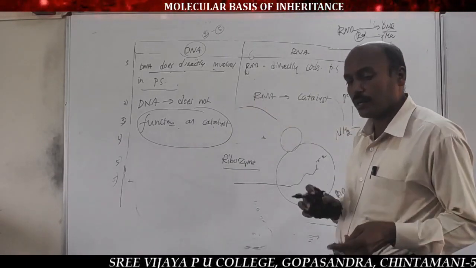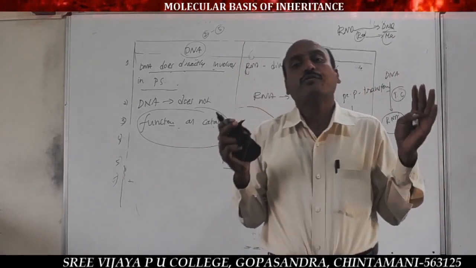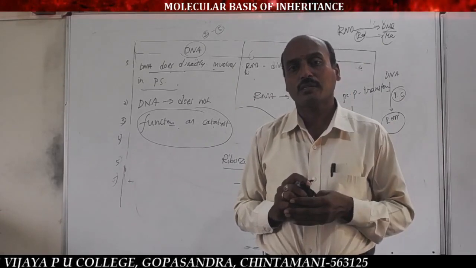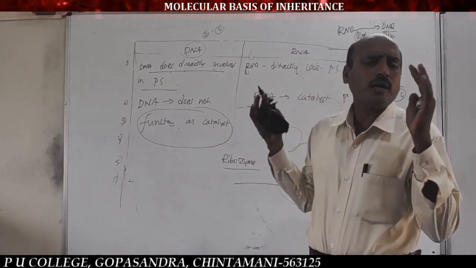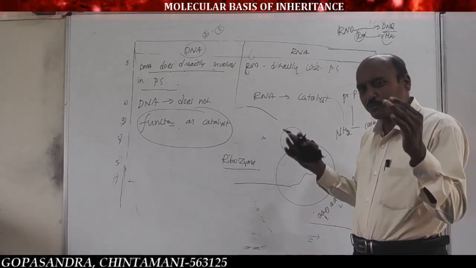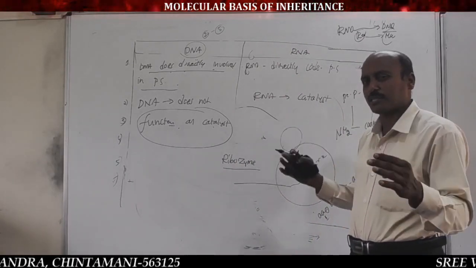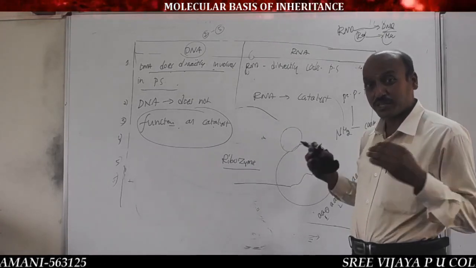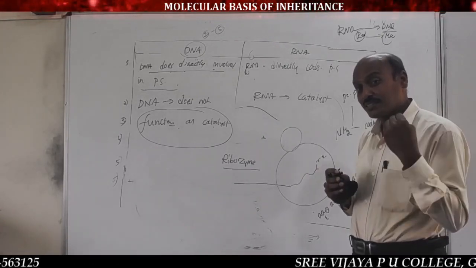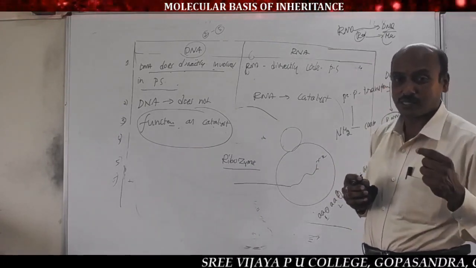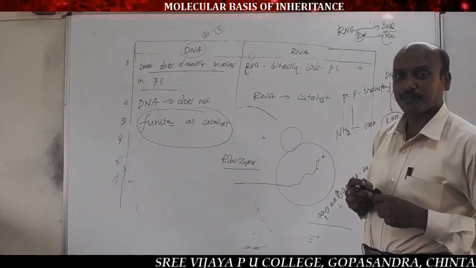So till here are the nucleic acids, 2 different types of nucleic acids like DNA and RNA. Sir, for what purpose have we studied these 2 different types of nucleic acids in the lesson molecular basis of inheritance? That is our future journey of explanation in the molecular basis of inheritance lesson.